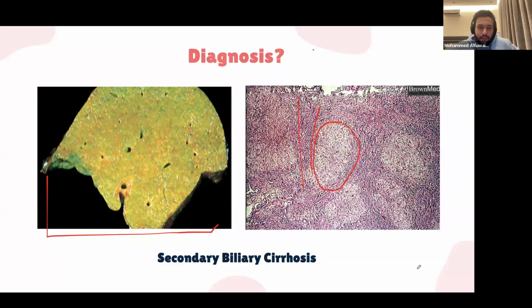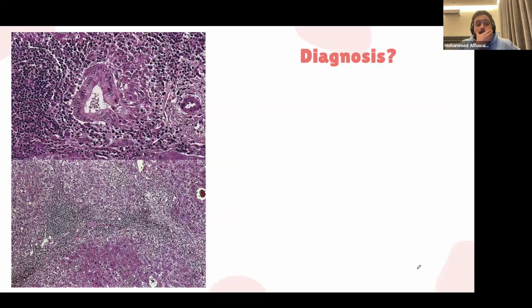Okay? How about this patient? Primary biliary, good. Primary biliary cirrhosis or cholangitis, a new name for it. I don't think it's important to you guys, but there's a new name for it as well. It's called primary biliary cholangitis instead of cirrhosis, but it's the same thing.